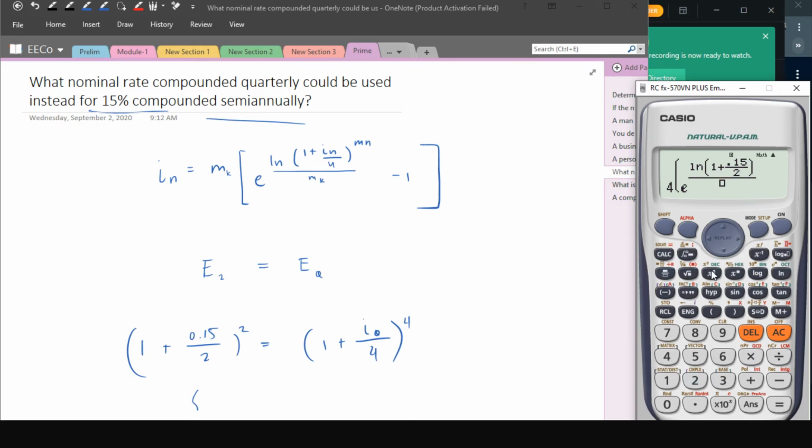Raised to 2. Ano yun? Okay na yan. Divide by 4. Tapos minus 1. Uy, mali. Dapat ito na sa doon. Tama ba?